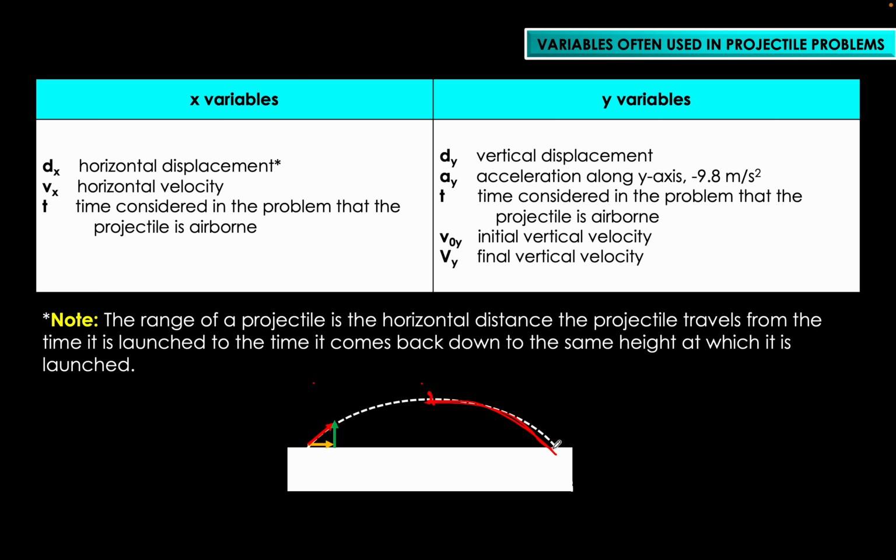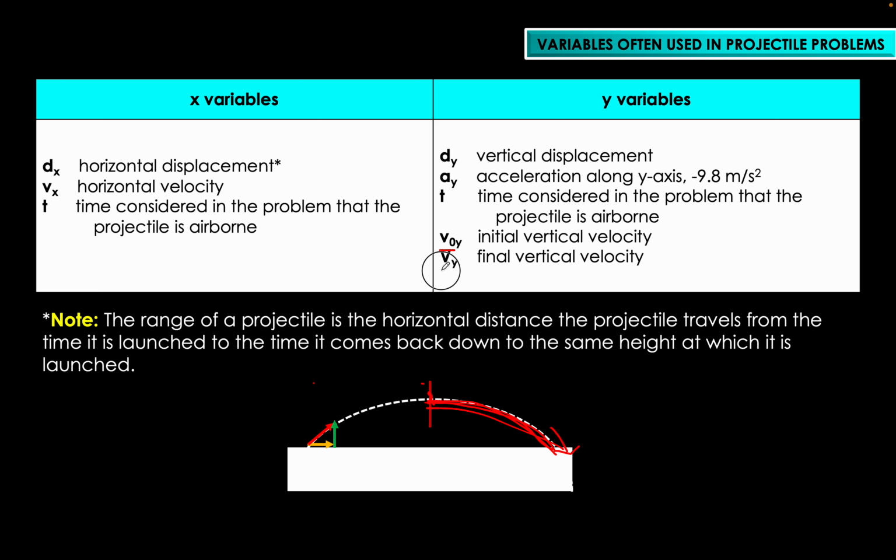Or maybe the given variables in the problem are mostly situated in this particular part of the trajectory. When that is the case, I might consider this as my initial vertical velocity, and my final vertical velocity could be this one, right?